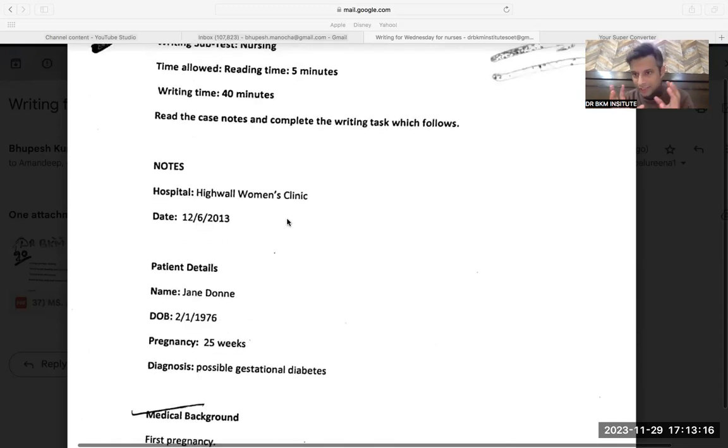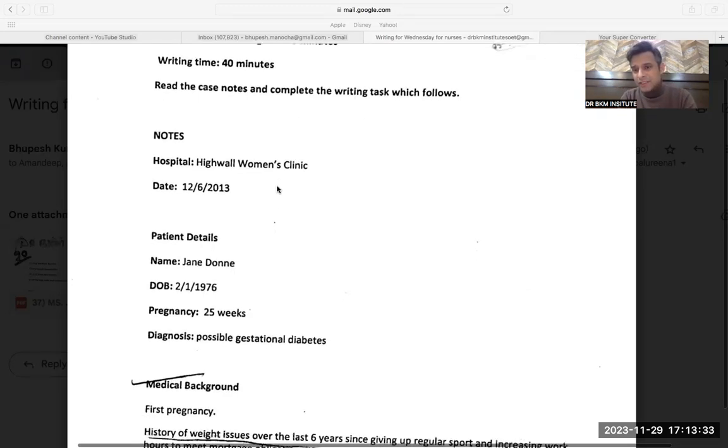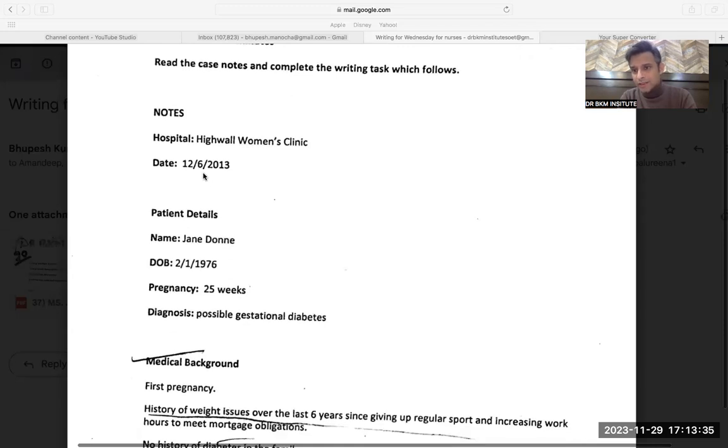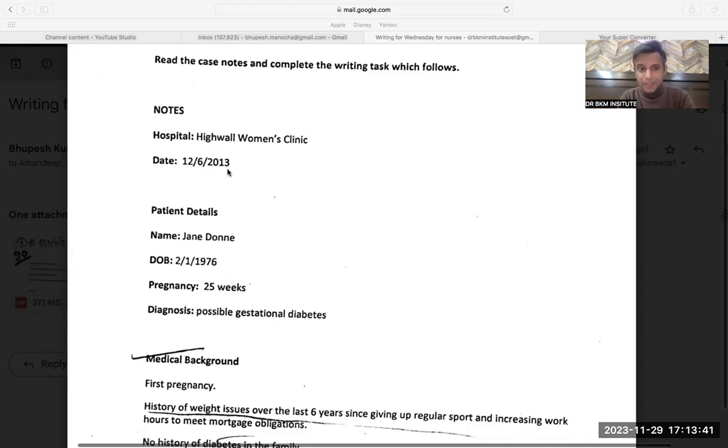Now when you have read the discharge plan, that is the request, when you have read to whom you are writing the letter, now you can understand we are in that complete aura that we just want to write specific points to the diabetic specialist, and now we need to tell about the patient. So the note says Highwell's Women's Clinic, 12th June 2013 is the date of today.